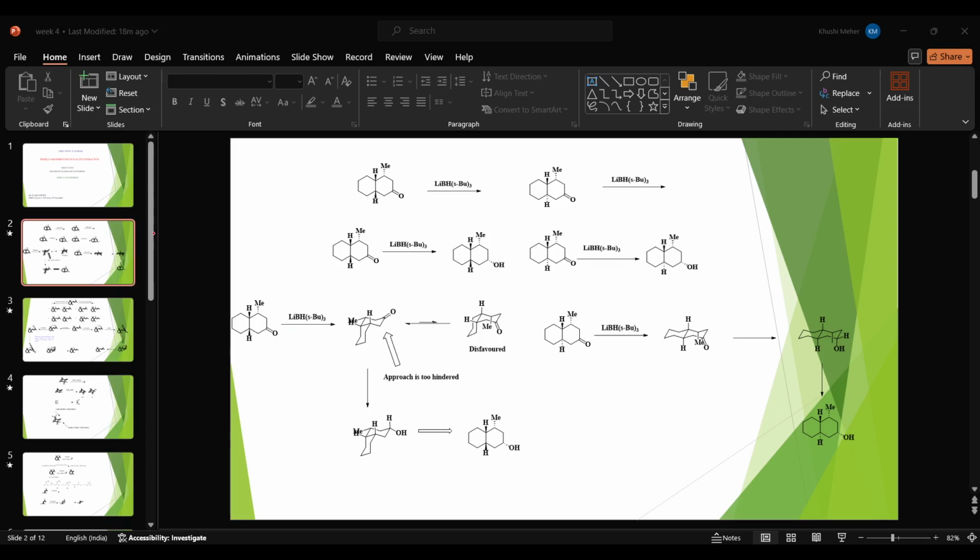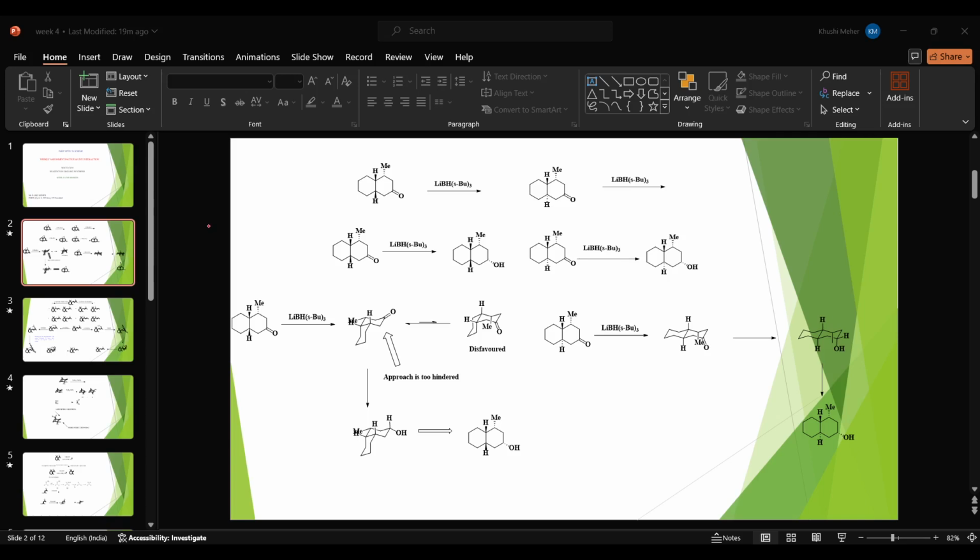In this case, you will see these faces and these faces. If you attack from the equatorial side, then it will cause steric hindrance with the cyclohexane.